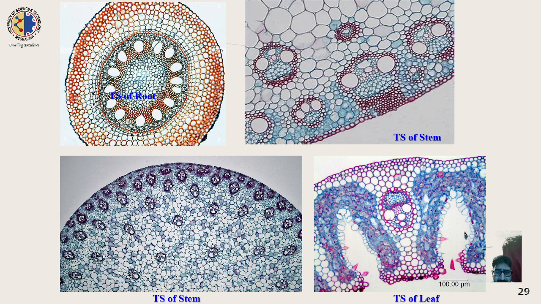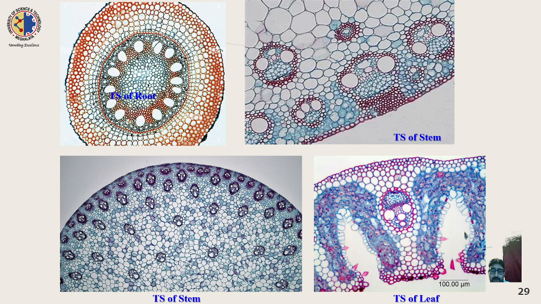This is a mass of cells, and inside this mass you will find vascular tissue, but the mass is made up of only parenchymatous cells, not collenchymatous cells. So pericycle is absent, and pith is completely absent.